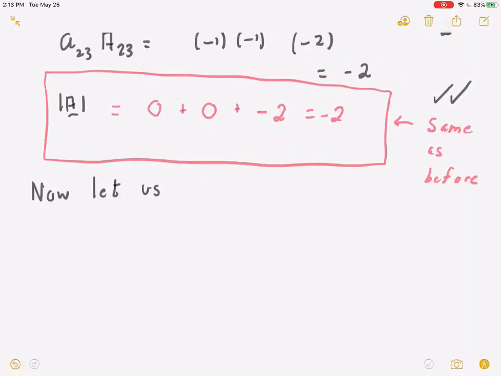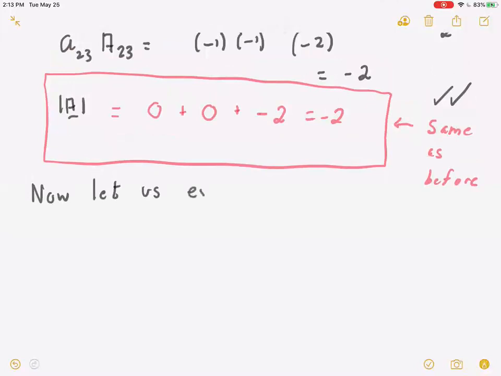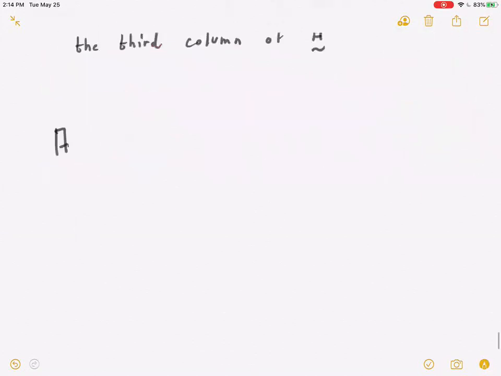So let us expand the coefficient matrix, or really expand the determinant of the coefficient matrix, and let's do it about the third column of A. So again, I've got to write down what the coefficient matrix is for the problem. It's a matrix of order 3, has 3 rows and 3 columns.